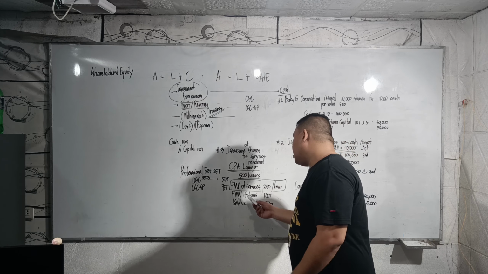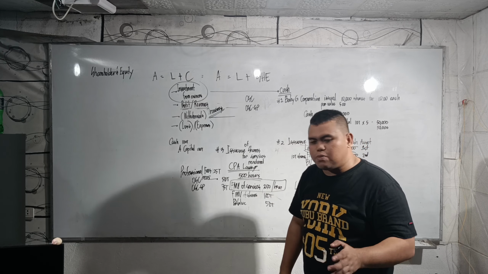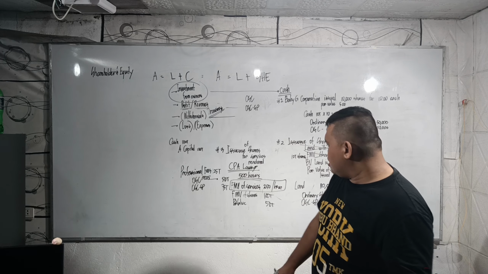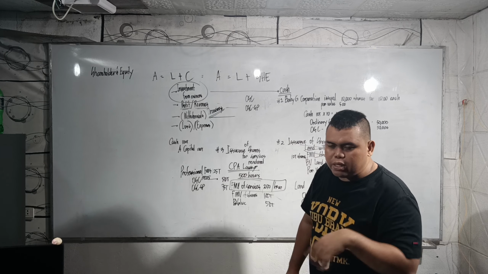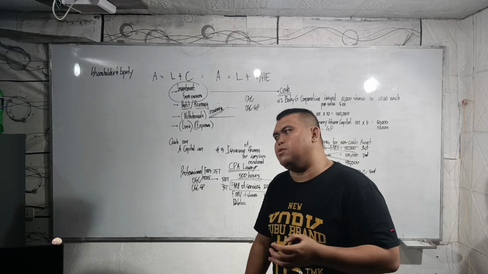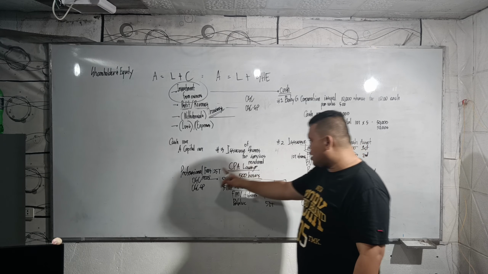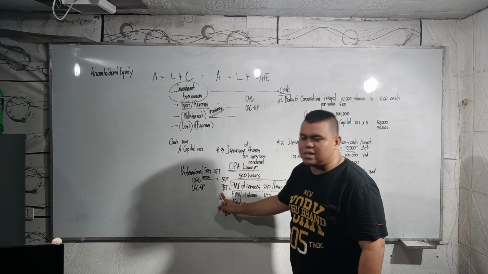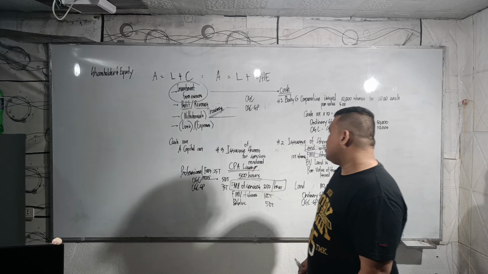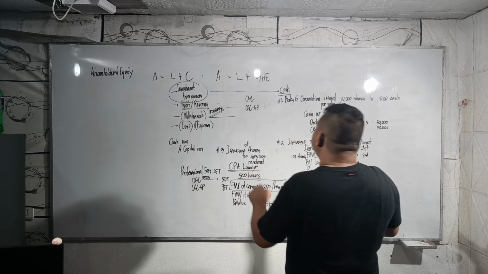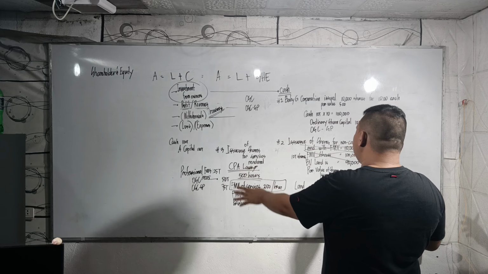But if the fair market value of shares is much more reliable, for example, it is really taken from the Philippine Stock Exchange, and there is no indication that the lawyer's charge is more reliable, then this will become 100,000 and this will become 50,000. Okay? That is if the shares are issued for the services rendered.